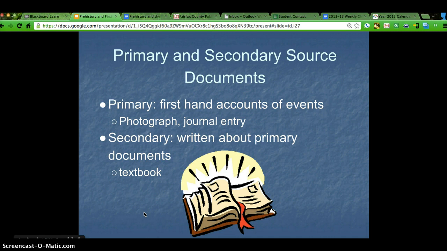We now go to primary and secondary documents. Beyond artifacts, we look for primary documents. A primary document is something that originates from the person who is being studied.